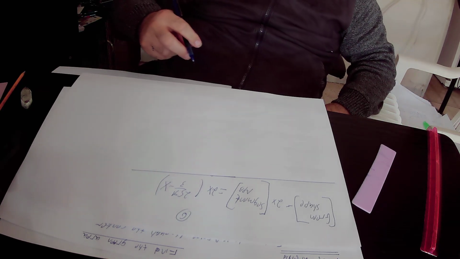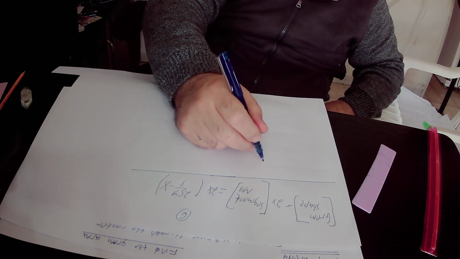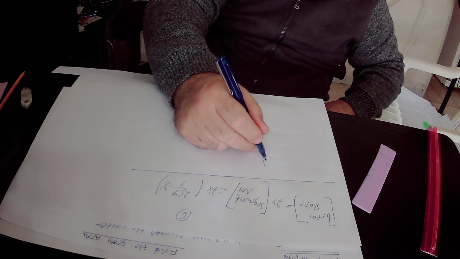So the only missing variable that we have here is x. And x is the area of triangle APB.